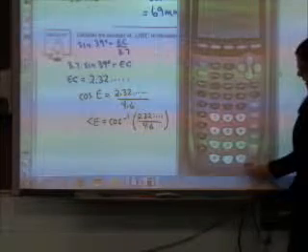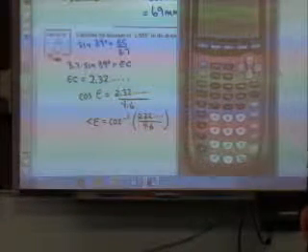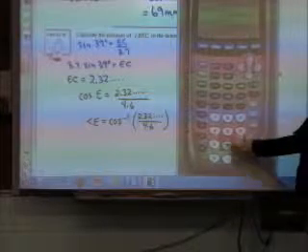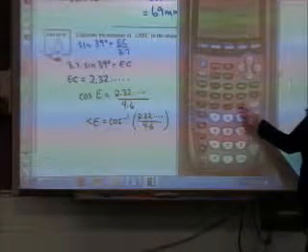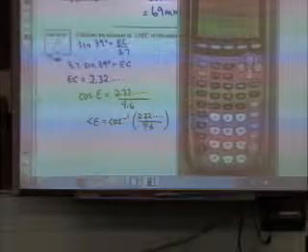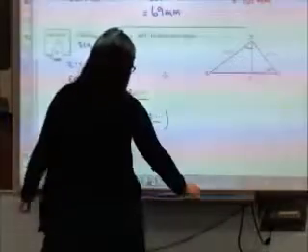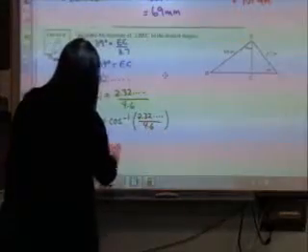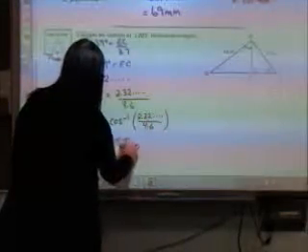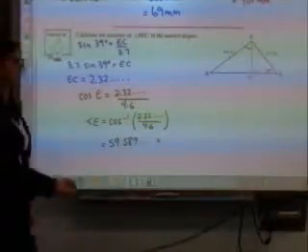If I go second and the negative button, the answer will come up, divided by 4.6. 59.589. How many degrees is that? 60 degrees.